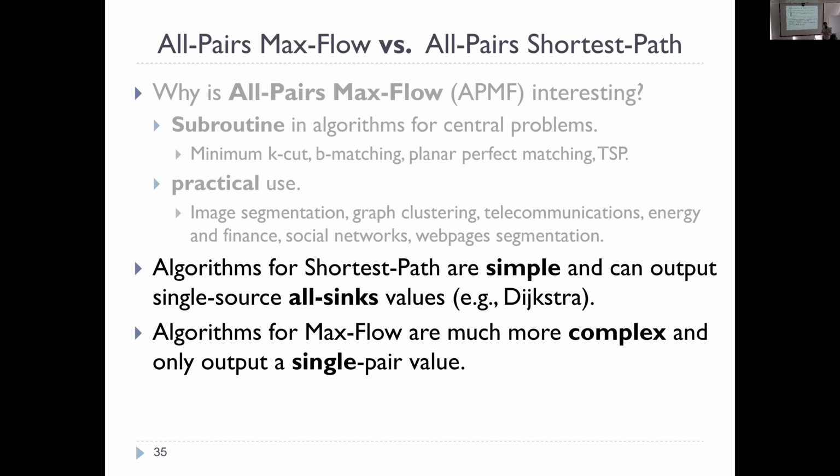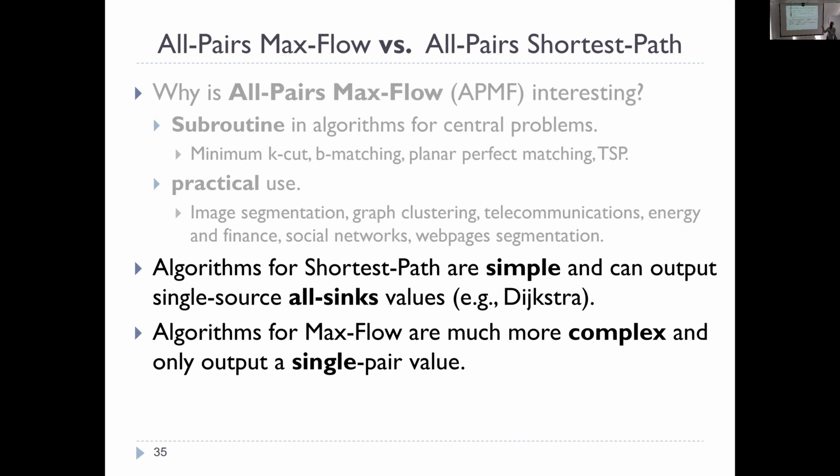So another reason why this problem is interesting: if you think about the shortest path problem, algorithms for this problem are quite simple. You can think of the Dijkstra algorithm, for example. They're relatively simple, and they typically output more than you ask for. So if you ask for the shortest path between one pair, you get single source all sinks.